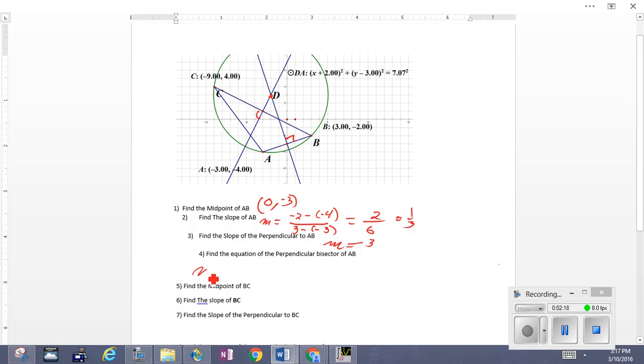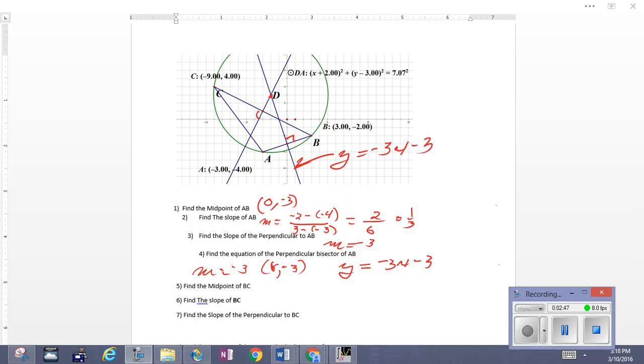I have the slope, which is -3. I have the point, which is 0, -3, okay, which is the y-intercept. So my equation is y is equal to -3x minus 3. That is the equation of that one perpendicular bisector. Y is equal to -3x minus 3.